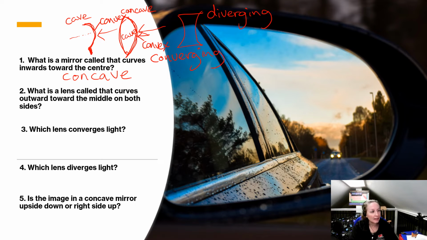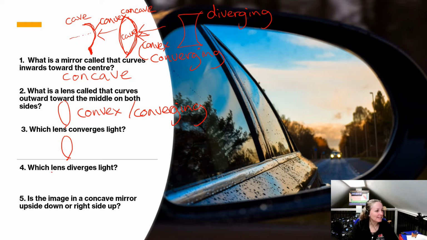Okay, same thing. Now, what is a lens that curves outward toward the middle on both sides? That's the one that we just covered. So this is convex or converging. Which lens converges light? Well, the converging lens. Okay, kind of makes sense.